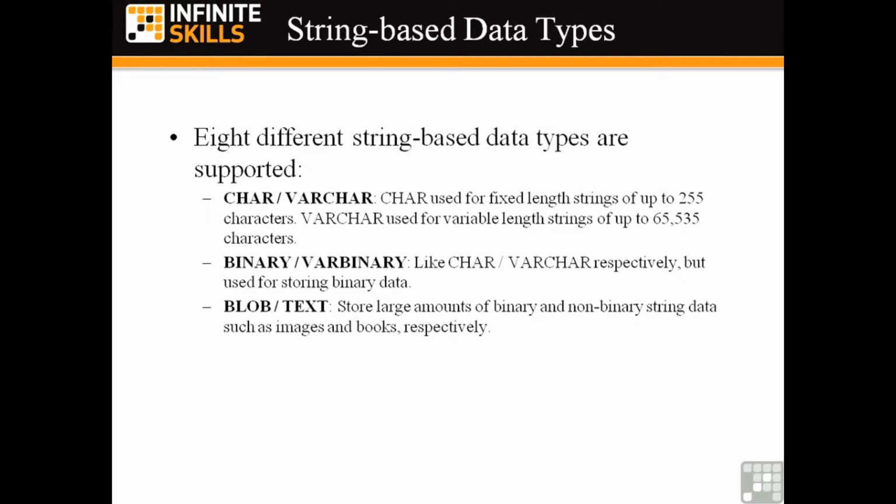Incidentally, there are a number of variations which allow you to constrain further the size of the blob and text types in different ways. There is a tiny blob, a tiny text, medium blob, medium text, and long blob and long text, in addition to the blob and text types, each of which has a different maximum allowable number of bytes or characters. You can read more about these different types within the MySQL documentation.